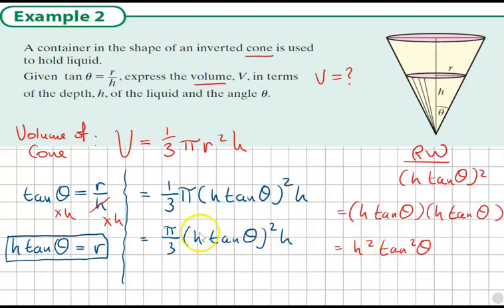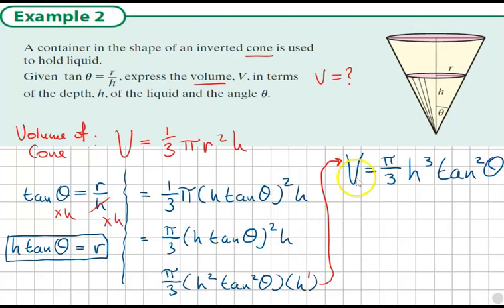So we just replace this here with h squared tan squared theta, and obviously bring down the h as well. So now all we have to do is multiply the h squared by the h, and h on its own is really h to the power 1, so we're going to get h cubed. So V is equal to pi over 3 h cubed tan squared theta.